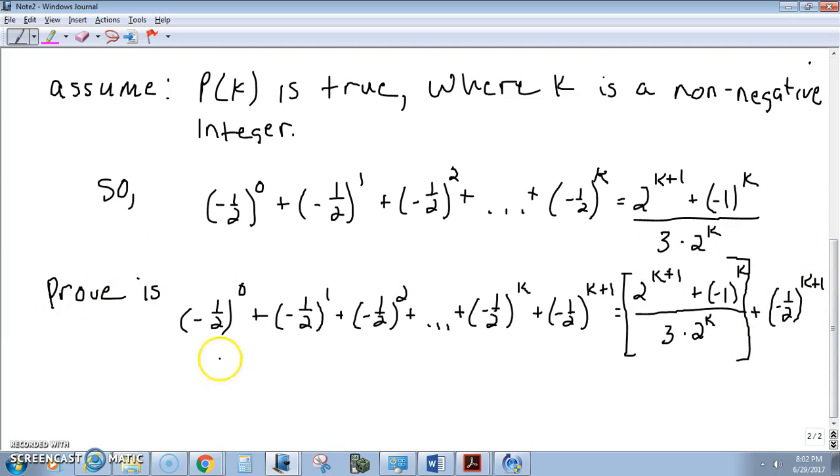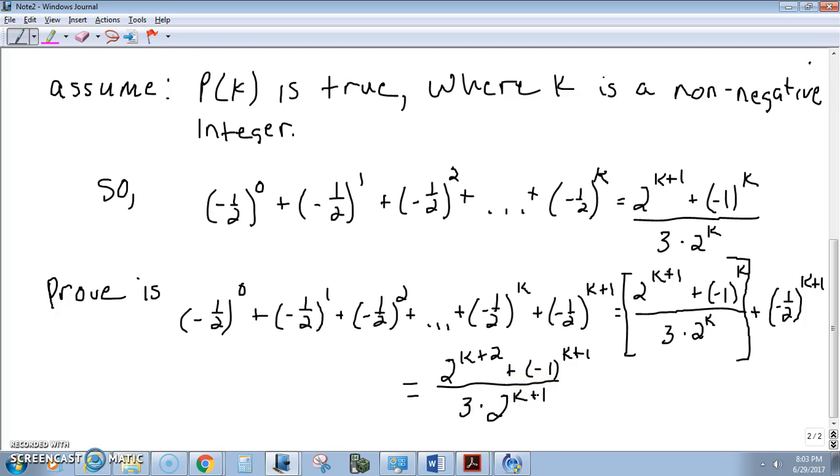So I know that this should be equal to, instead of 2 to the k plus 1, 2 to the k plus 1 plus 1, or 2 to the k plus 2, plus negative 1 to the k plus 1 all over 3 times 2 to the k plus 1.